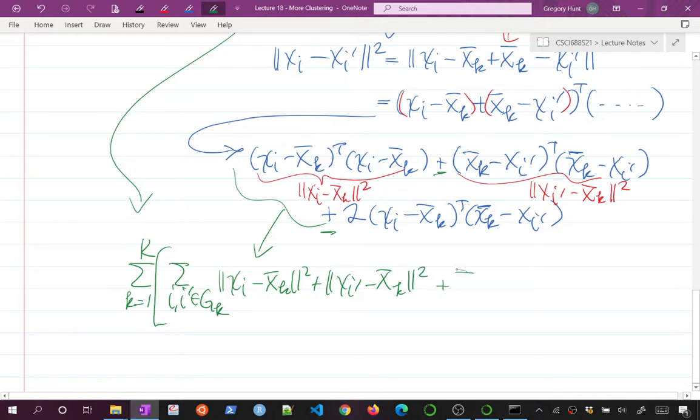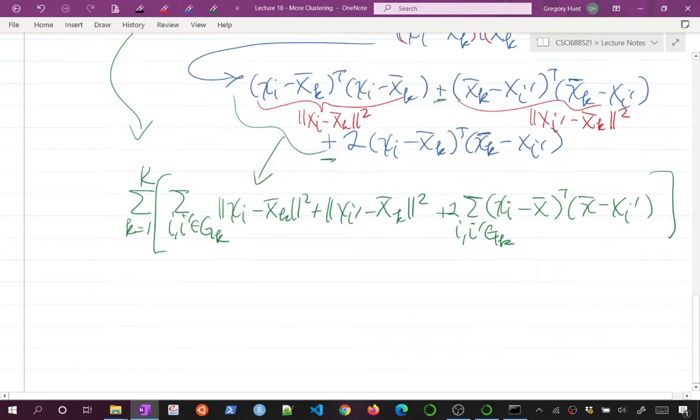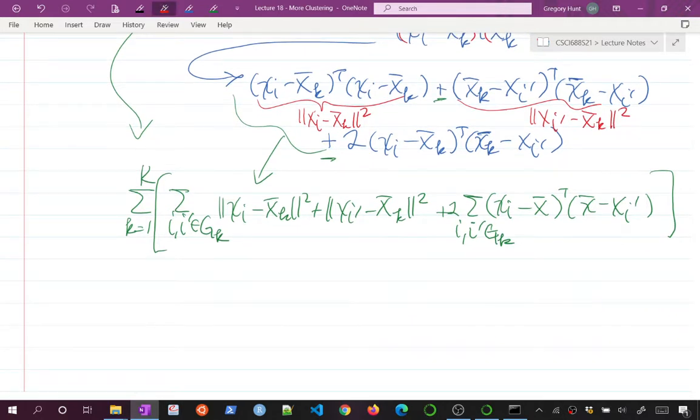And then I'm going to distribute my sum, just for the sake of readability. I get a 2, I can bring that 2 out, and I'm going to get this cross product term, xi minus x bar transpose x bar minus xi prime. And my claim is that this last term here is 0.